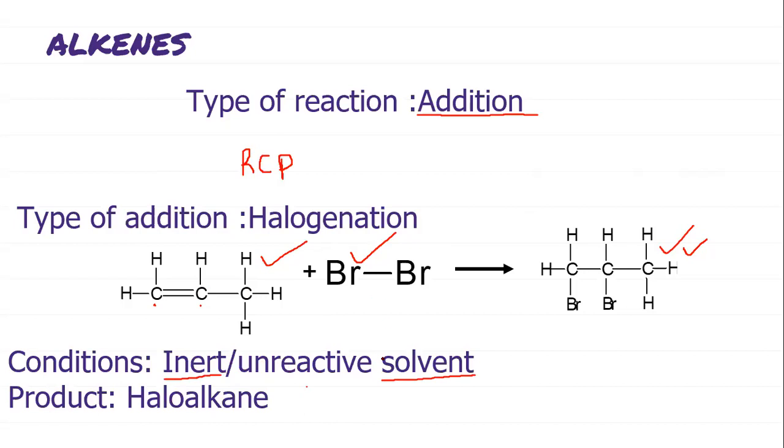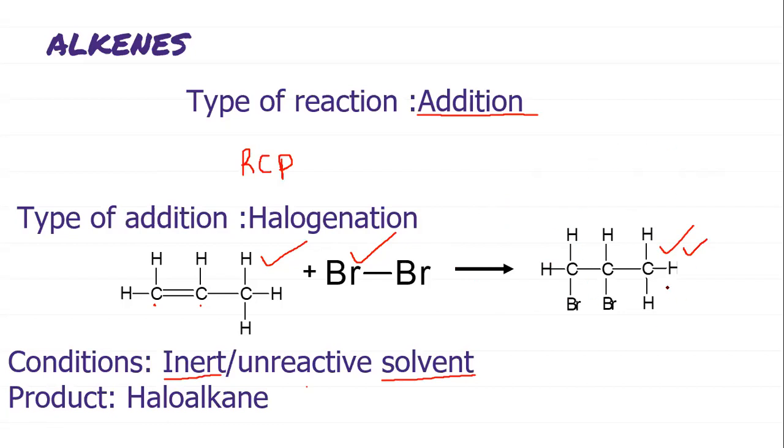So you could write there inert solvent, or you could write on your arrow unreactive solvent. Why? Because I told you that our conditions we will write either just on top of the arrow or beneath the arrow. So those are the conditions that must be met. And we can see that our product belongs to the homologous series haloalkanes.